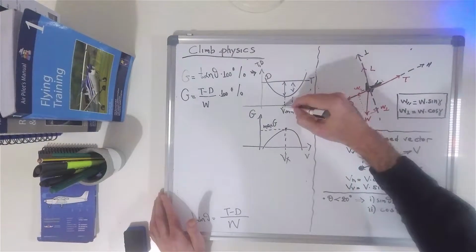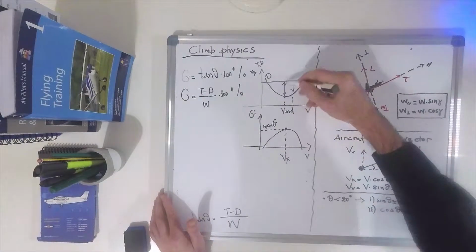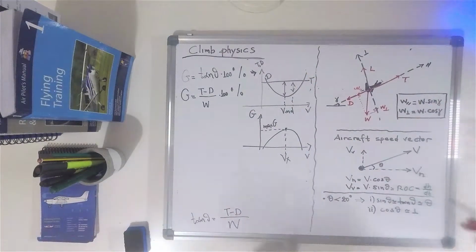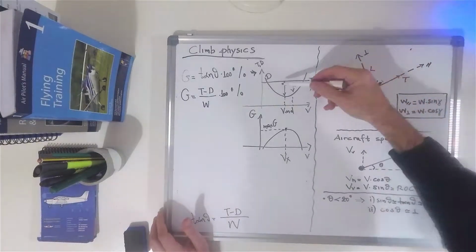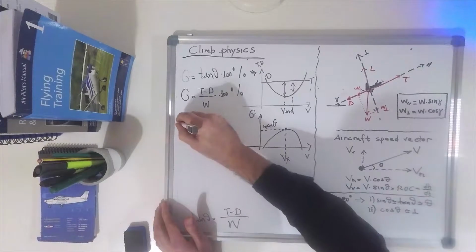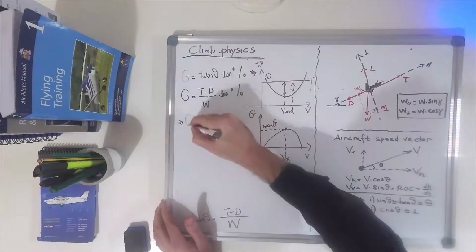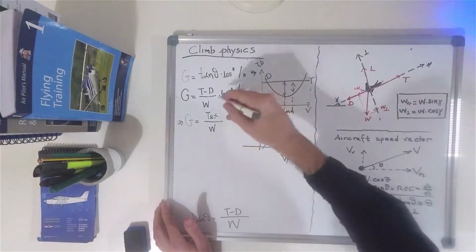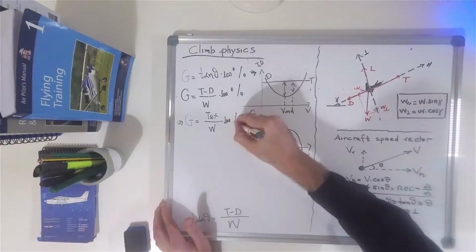And this is the speed for minimum drag, which is the same for jet aircraft. Finally, the difference between the thrust and the drag is the excess thrust that the airplane has. So we could rewrite this expression as excess thrust divided by weight, times 100%.